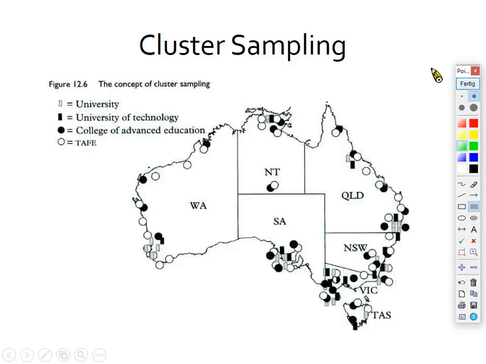In Australia, there are 4 kinds of higher education institutions: Universities, University of Technology, College of Advanced Education and TAFE. They have 4 different kinds, denoted by the different symbols here. So in this case, you still want to identify the quality of higher education.